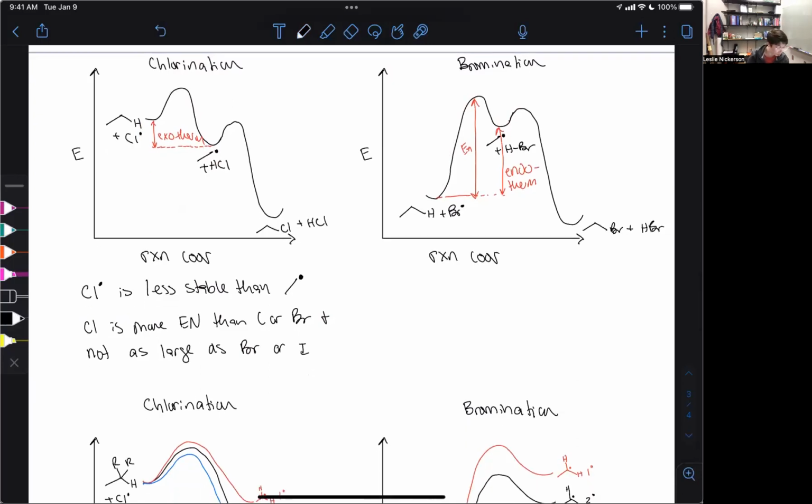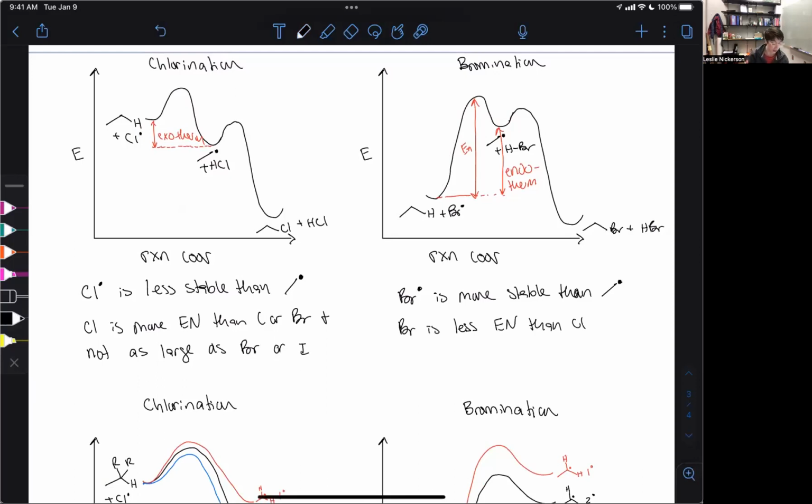But when we come to bromine, the bromine radical is more stable than the carbon radical. Okay, so when we're looking at that, bromine would rather have that radical than carbon because the bromine is less electronegative than chlorine.